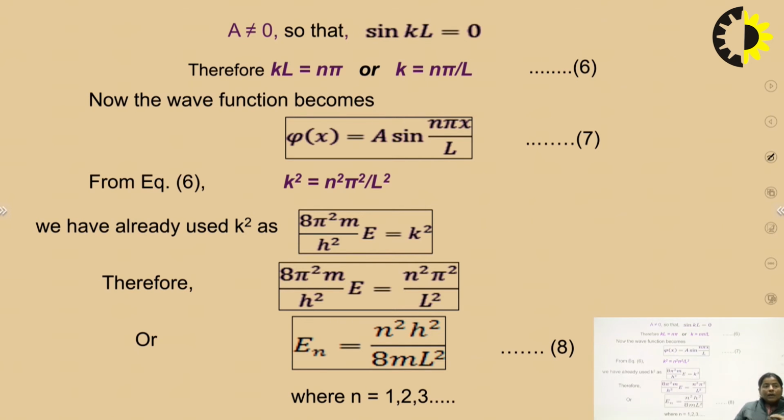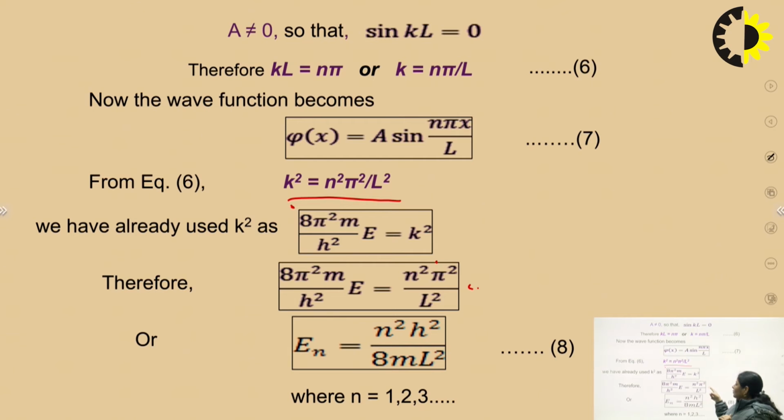Now when we square this, it is easy for us to compare this value of K square with the value which we have already defined. We have already defined that K square is 8 pi square m E by h square. So this is one value of K square which we have defined, and this is another value of K square obtained by our calculation.